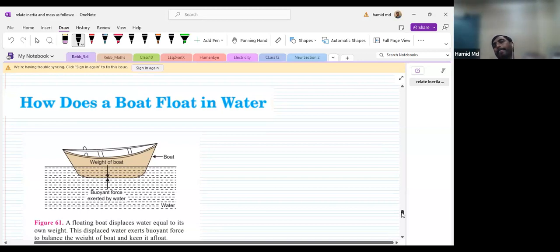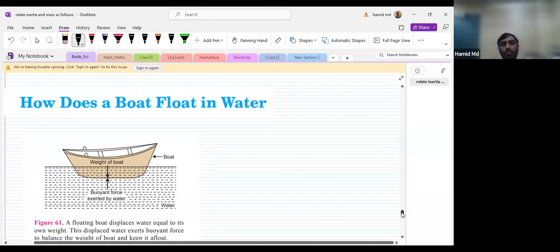Because the boat is half immersed in the water, so the buoyant force is equal to the weight of the water displaced. Displaced, yes. Okay, your answer is quite right.